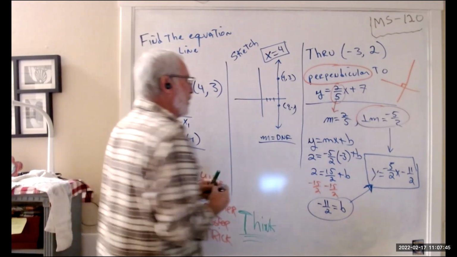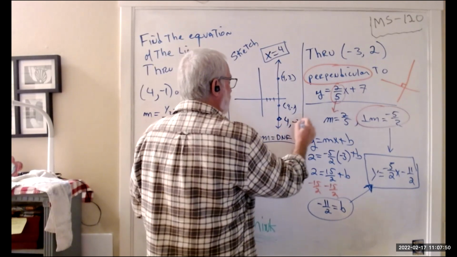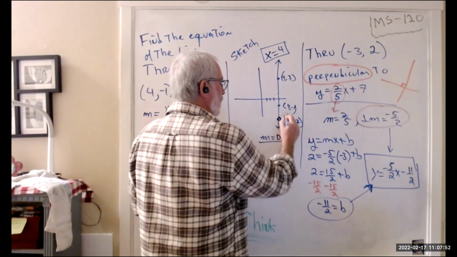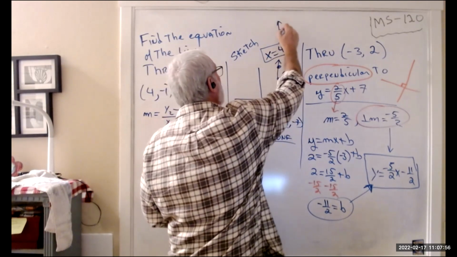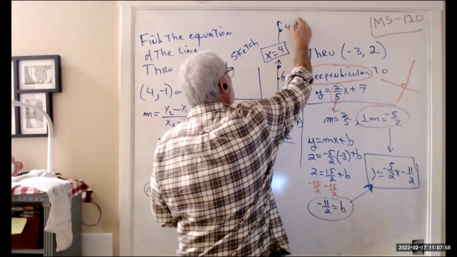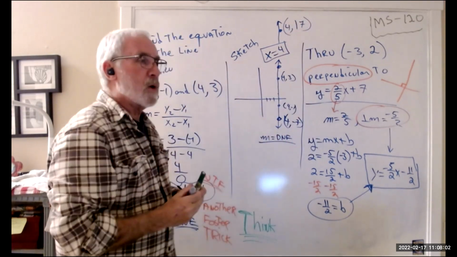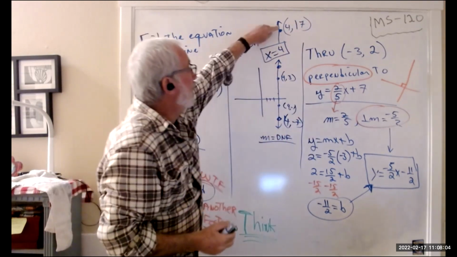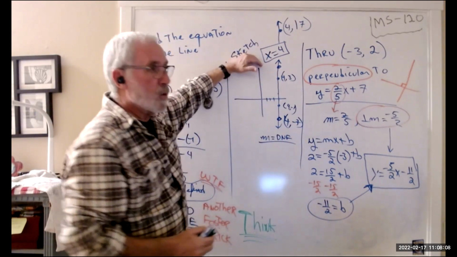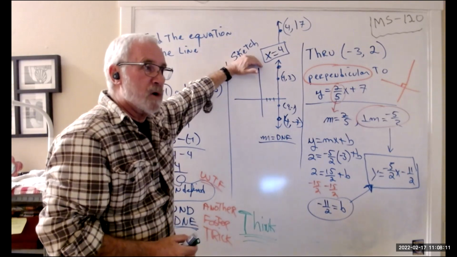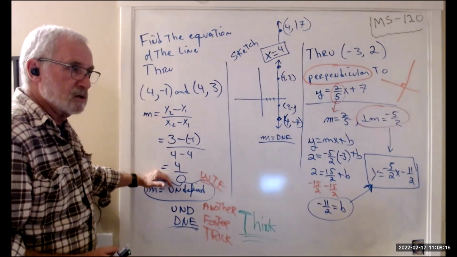Every point on this line, even if I made up some, this is (4, -7). Oh, well, up here, let's go up here. This might be (4, 17). Every point on this line, the x value is 4. So its equation is x equals 4, even when its slope was undefined.